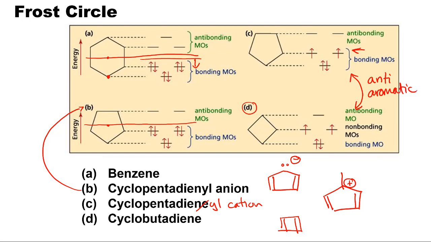These compounds are exceptionally unstable. So essentially, cyclobutadiene behaves like a molecule with 2 radicals in its system, and so does the cyclopentadienyl cation as well.